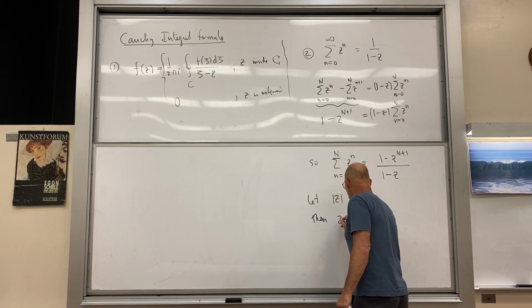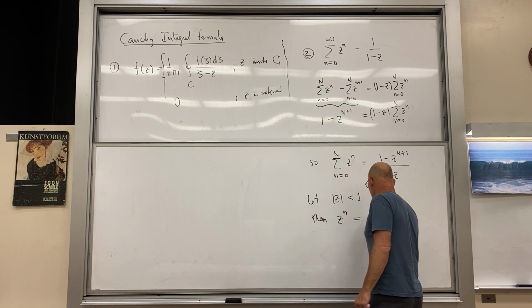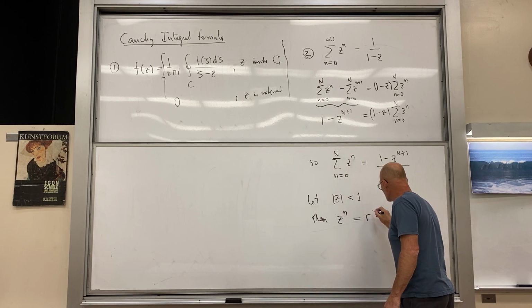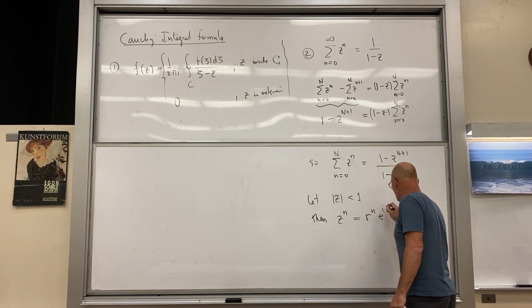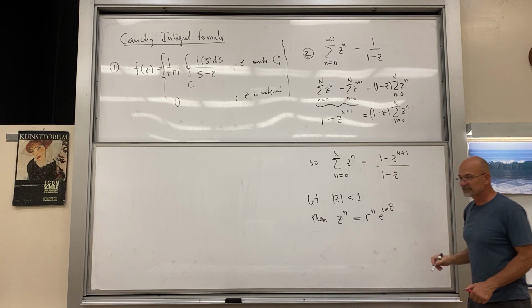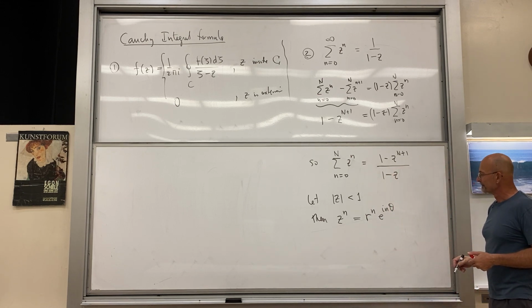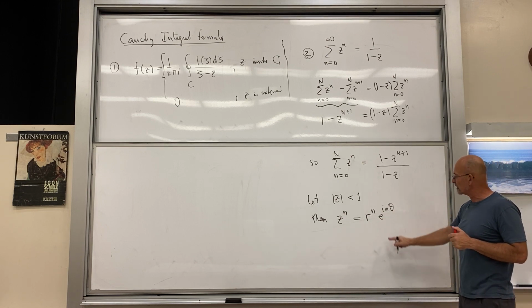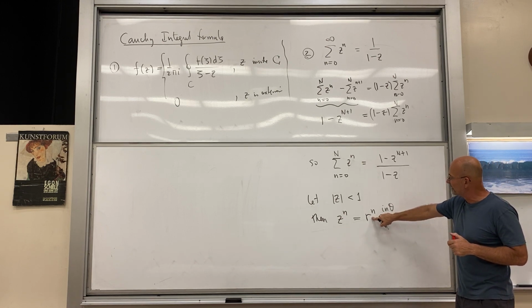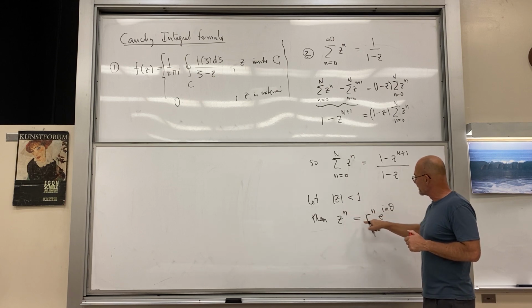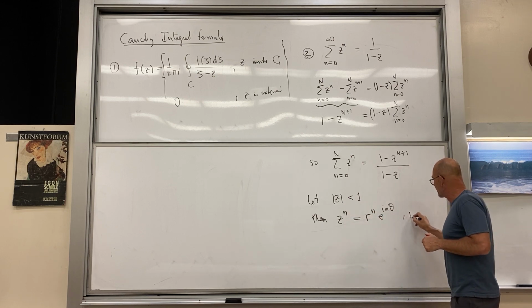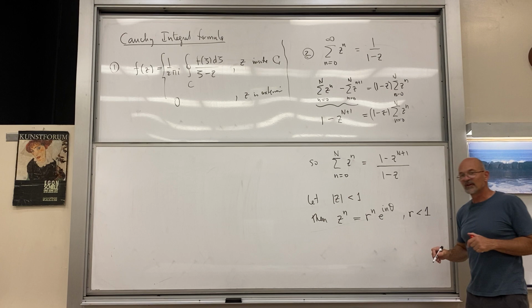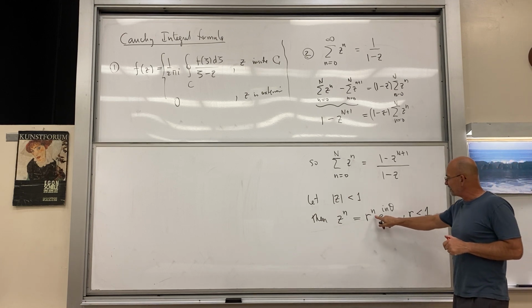Then z to the n is equal to r to the n e to the i n theta, for some theta, somewhere inside the unit circle. Since the magnitude here is less than 1, this r is strictly less than 1.